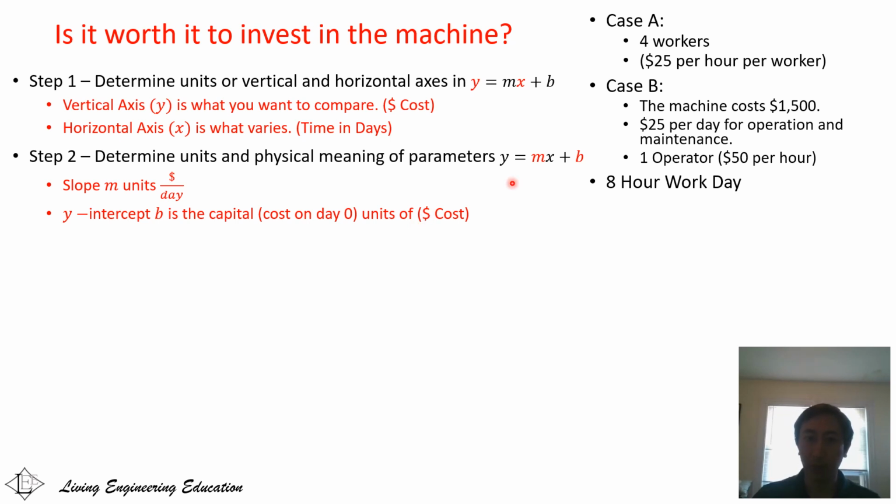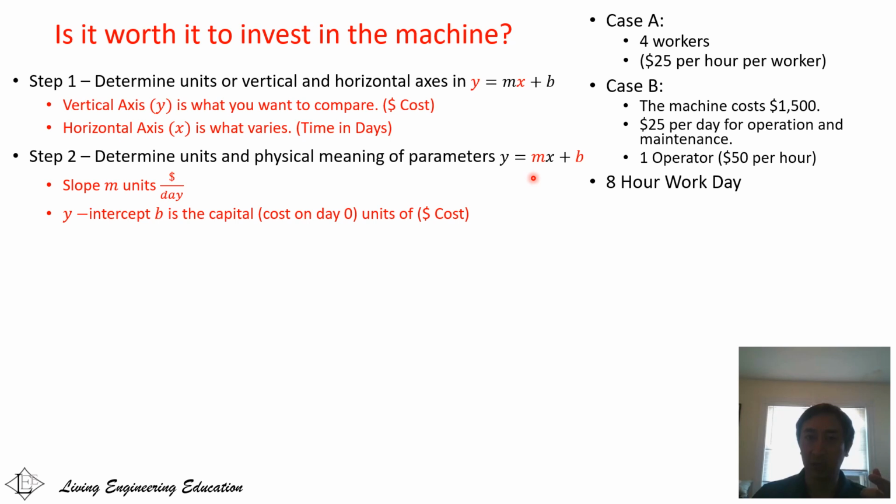The slope, m, how do we determine what the units are there? Well, I know that m times x has a product that needs to have a unit of dollars as well. I know x has a unit of days, so dollars per day for the slope times days for the x variable will give us a product of dollars.